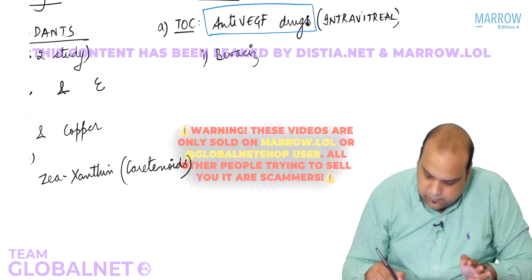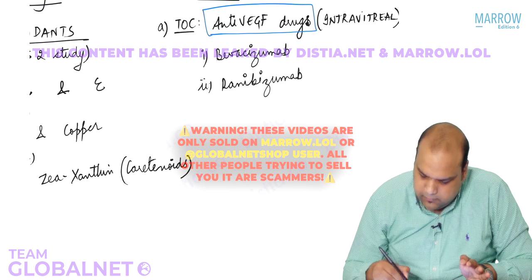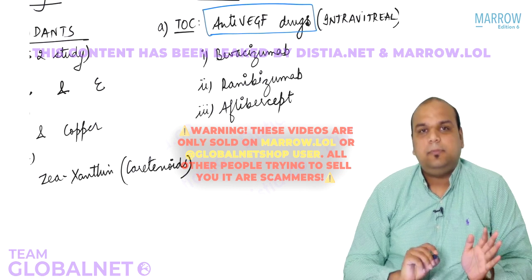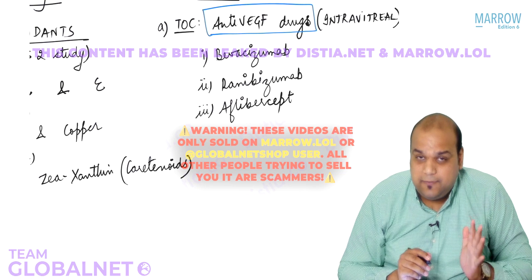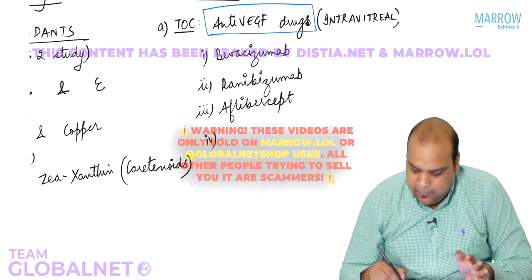Bevacizumab, Ranibizumab, Aflibercept. These are the three drugs which you should know. And then there is a fourth drug which has been recently approved.